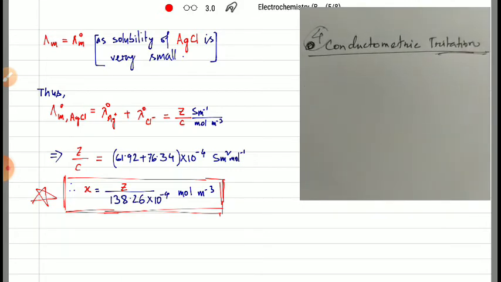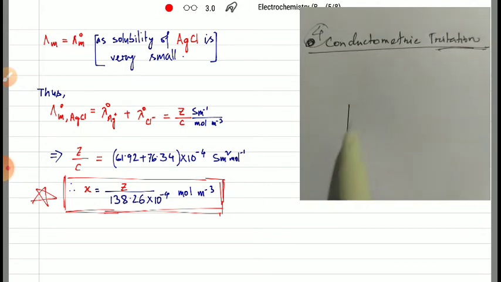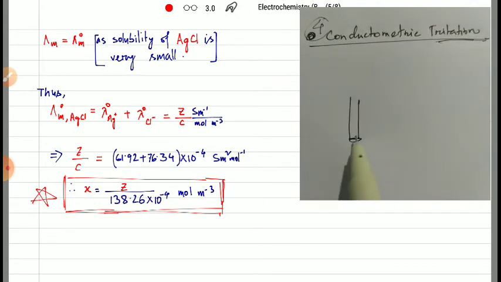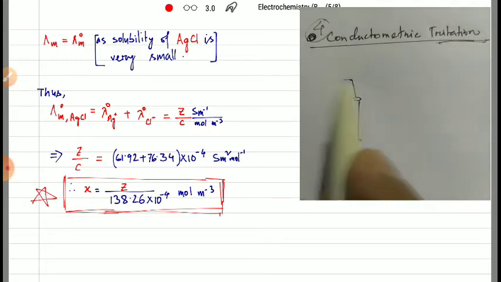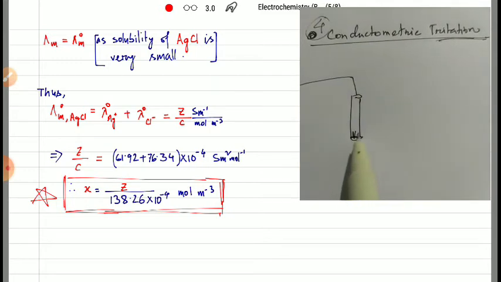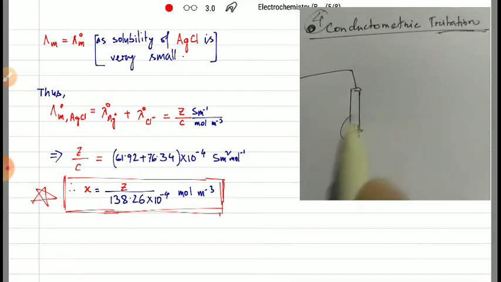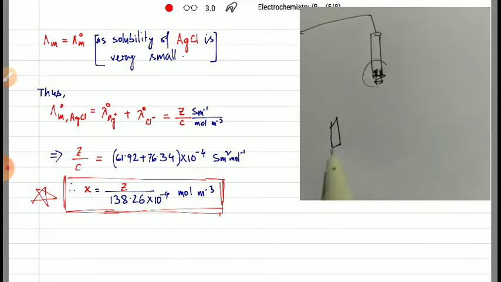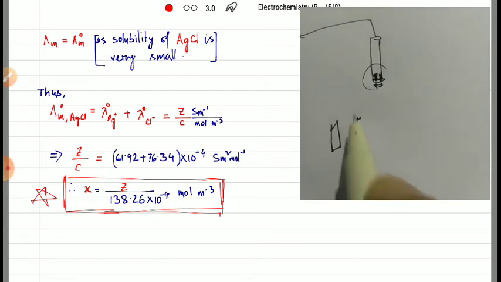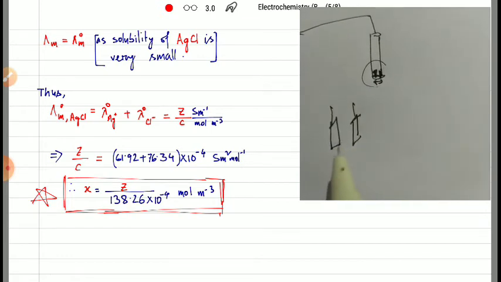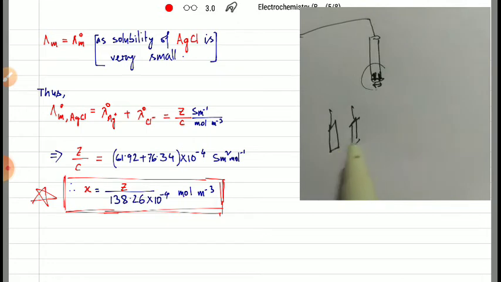Not one electrode, two electrodes actually, combined in a setup like this. So there will be an instrument with electrodes, actually some plates. Two electrodes will be there, and they have a fixed distance. If you zoom in, it will look like this: two plates, and their area will be the same and known, and the distance between the electrodes is also given.